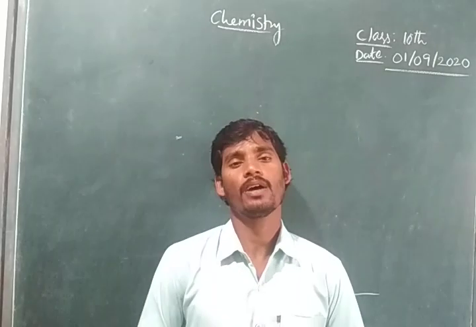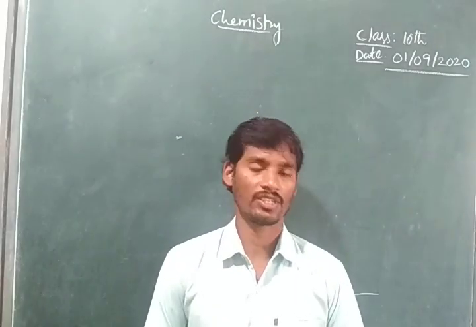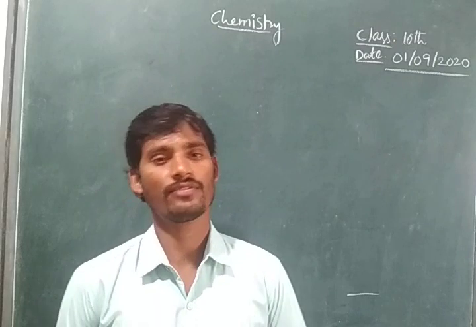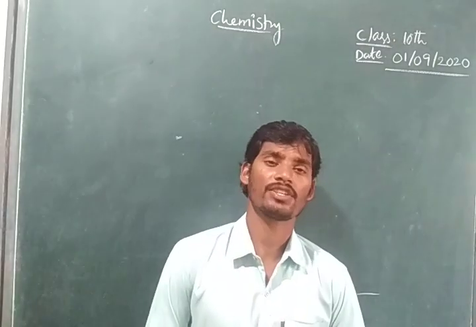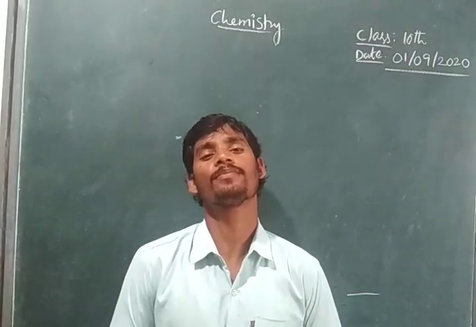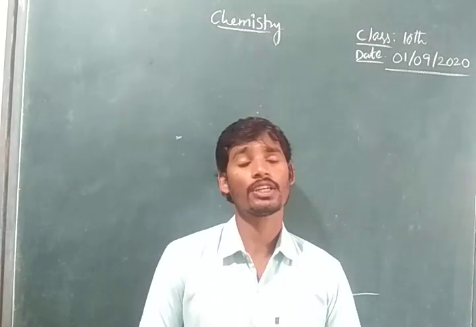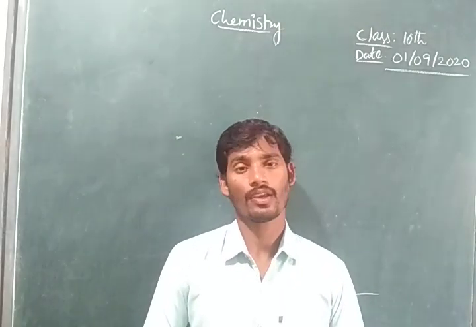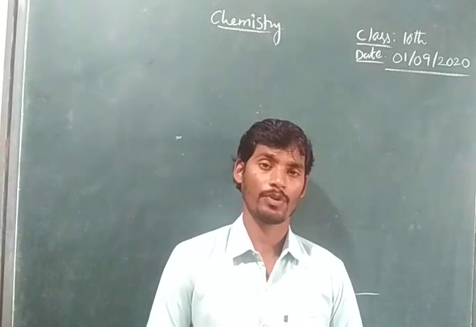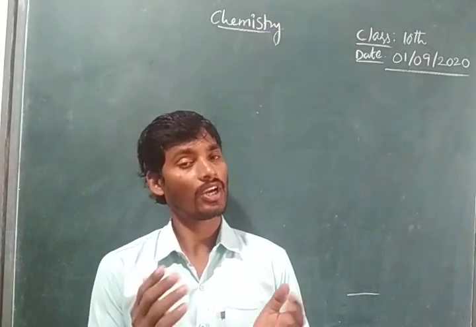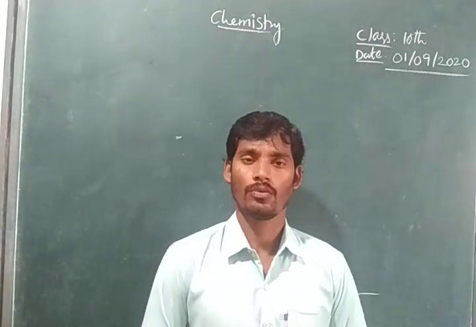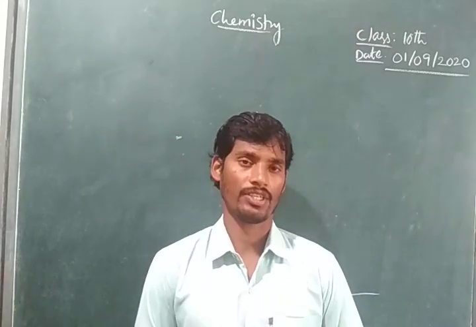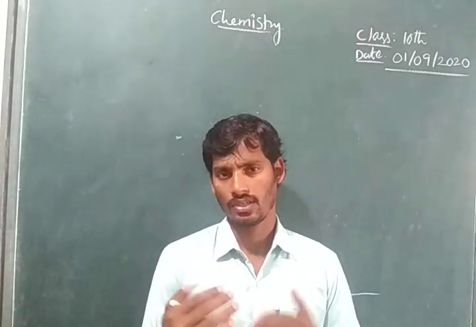So a few days back we started one of the concepts, the periodic classification of the elements. In that we taught a lot of points, right children? Regarding periodicity, what is meant by periodic properties and what the periodic properties are. We discussed these points already.